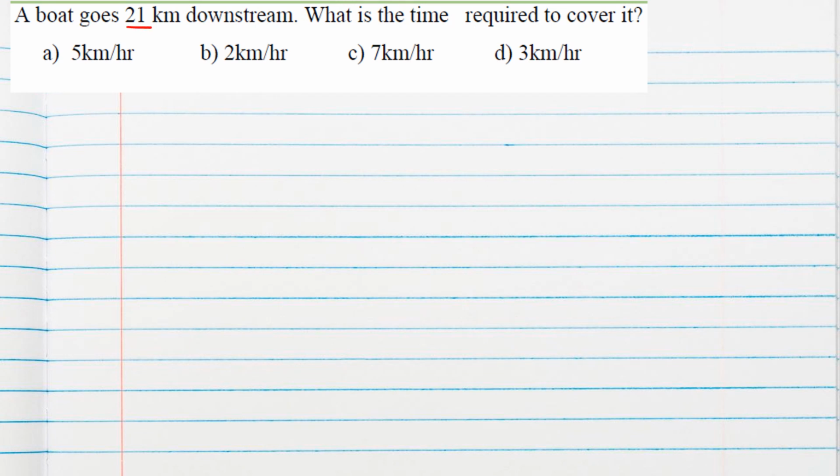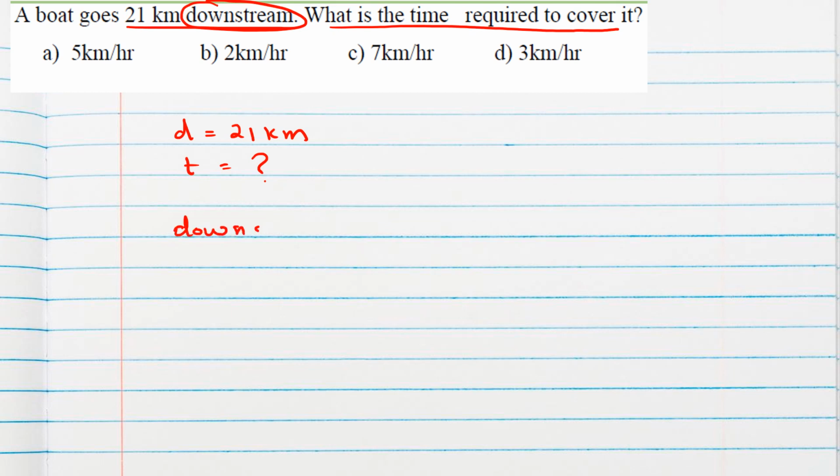A boat goes 21 km downstream. Then what is the time required to cover it? See, the distance is given, 21 km. Time we should find, and that boat is going downstream. So we should know the downstream speed, and we already calculated this speed as 7 km per hour.